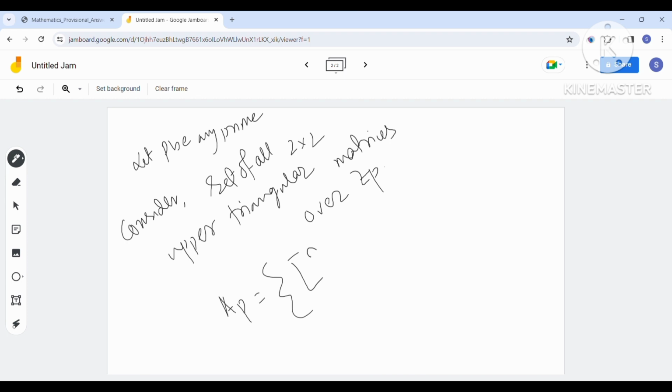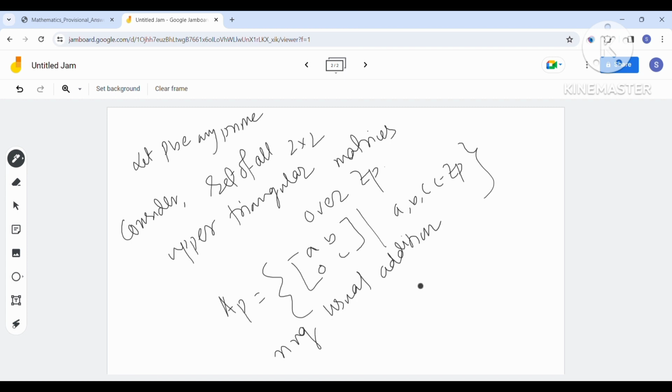So I'm considering this set. Clearly this forms a ring under the usual addition and multiplication.